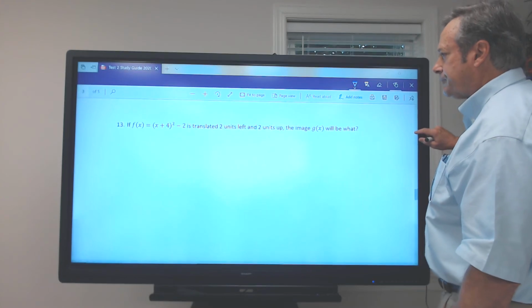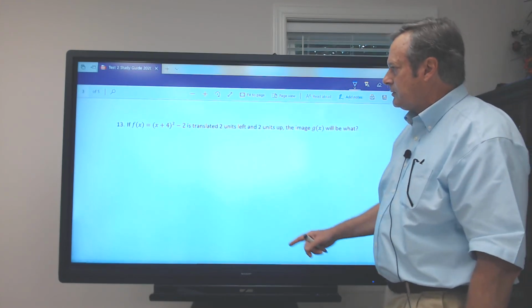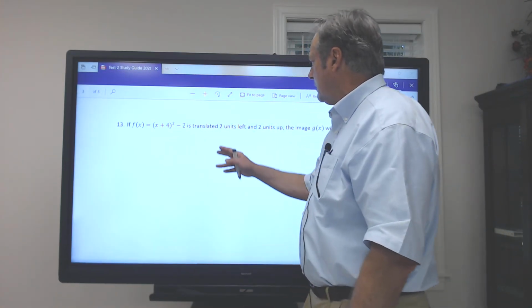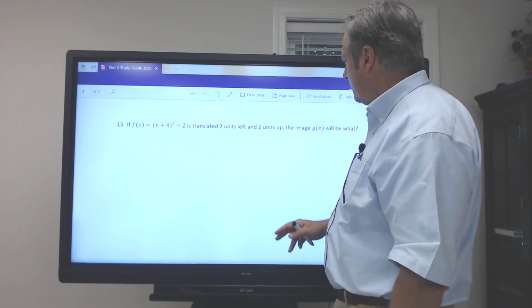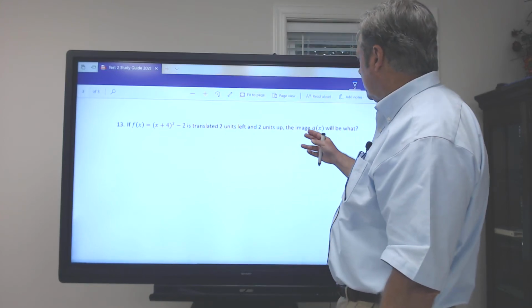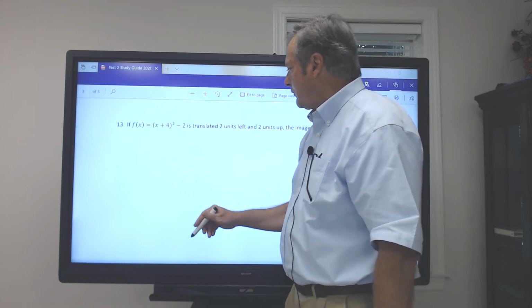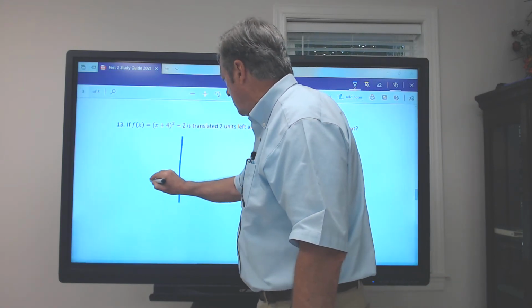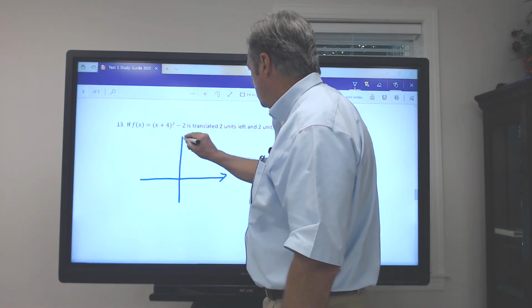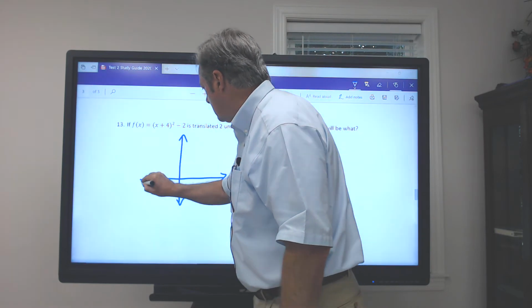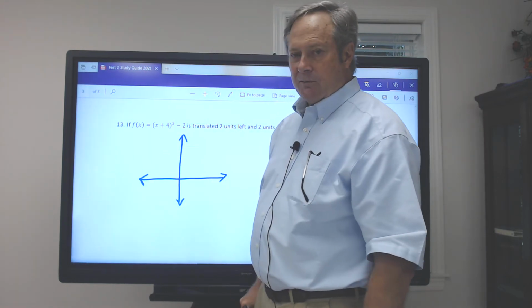Number 13. Here we've got a vertex form equation, and if it's translated 2 units left and 2 units up, the image will be what? Well, let's first graph this thing. Now, what is the vertex here?